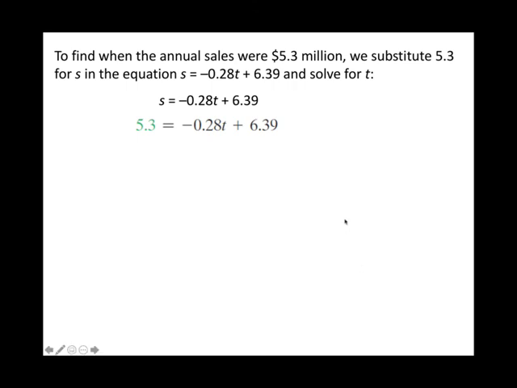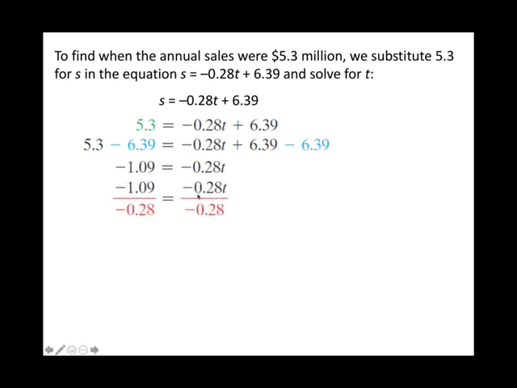Here I'm going to isolate the t. I'm going to subtract 6.39 from both sides. You're going to get this. And then I'm going to divide by negative 0.28 on both sides. So negative divided by negative, you get positive. You should approximately get 3.89.